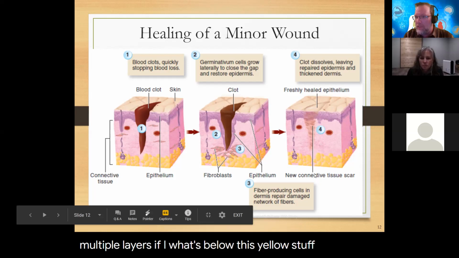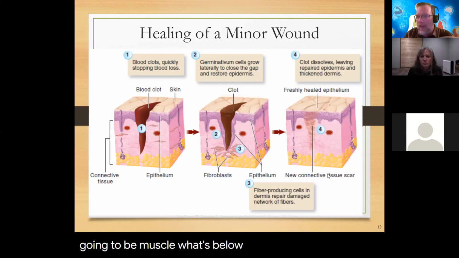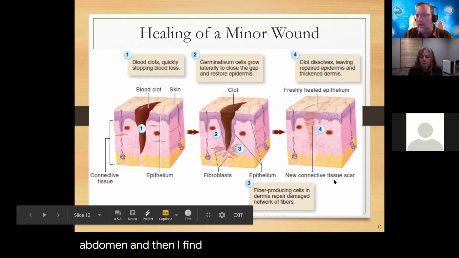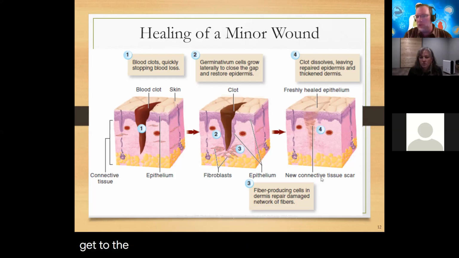Well, it's going to be muscle. What's below that muscle? Well, if it's my abdomen, it's going to be my guts. So if I need an appendix removed, I've got to cut through epithelium. I've got to cut through epidermis, dermis, connective tissue. I've got to cut through fat. I've got to cut through the muscle wall of my abdomen, and then peritoneum, and then I finally get to the appendix. Well, pull the appendix out.